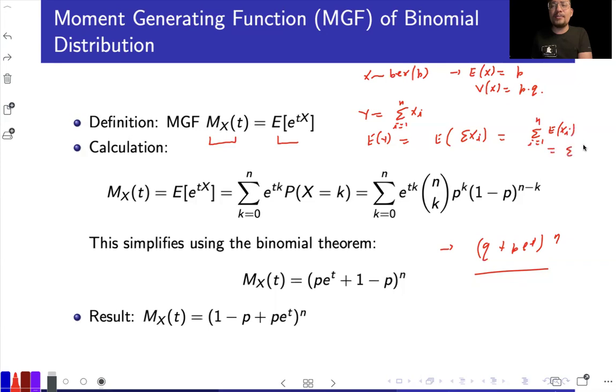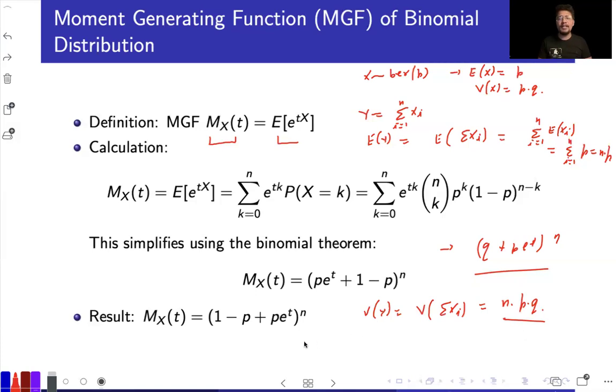Simply you get the summation of P, i running from 1 to n, which is n into P. The idea is very simple. Then for the variance of Y, which is the variance of the summation of Xi, these are independent, so that will be n into P into Q. Just applying the properties of expectation and variance that we covered in the last module.